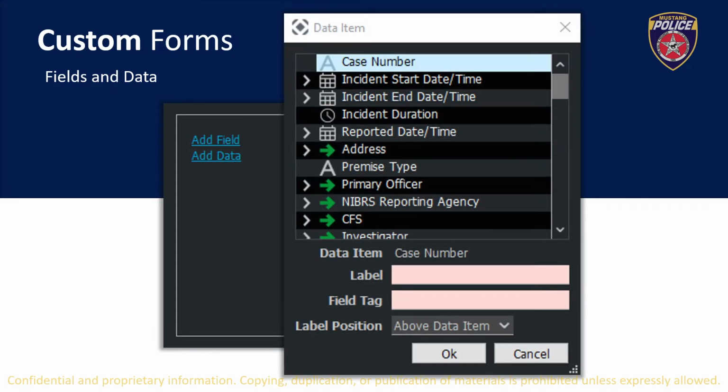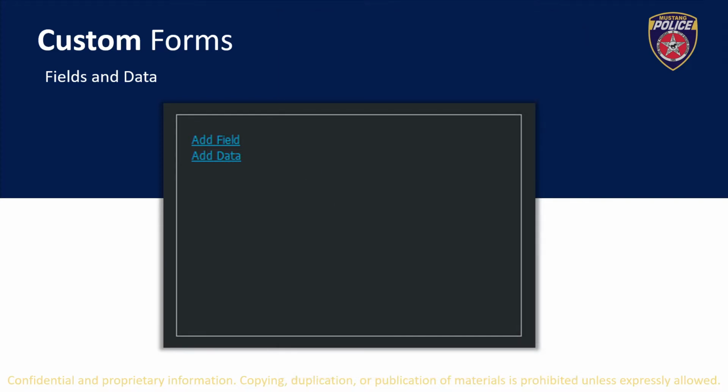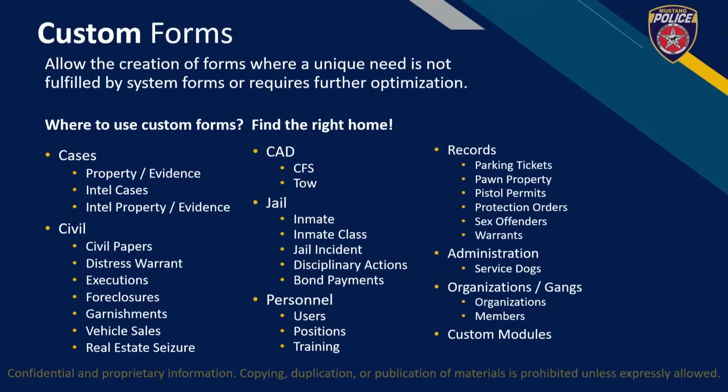Data, on the other hand, is things that are automatically from the system. Anything that's going to be logged in some other component, to any kind of case or CFS or custom module or personnel, tows and impounds, any of that sort of stuff is data that's already in there, and it prevents you from having to redundantly enter a whole bunch of information. So that's what we're trying to do, is fill one of those two things in those tags that we have on any of our forms.